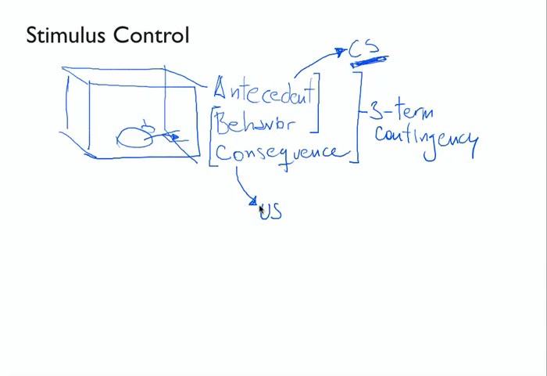So when we're talking about fear conditioning, for instance, the CS may be a tone and the US is foot shock, and the conditioned response, the behavior, is freezing to the tone. Then freezing is happening only in the context of the tone and, in a well-trained animal, not when the tone is absent.